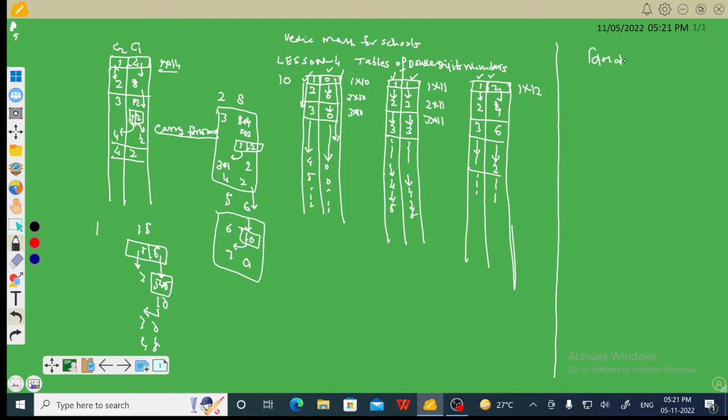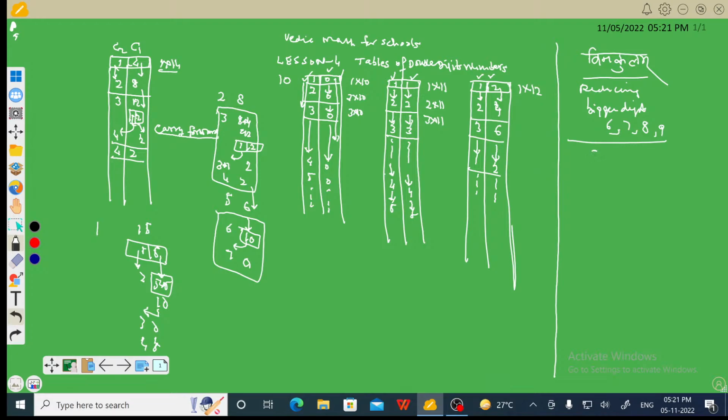Now we are learning vinculum, which means reducing the bigger digits 6, 7, 8 and 9 into smaller digits.